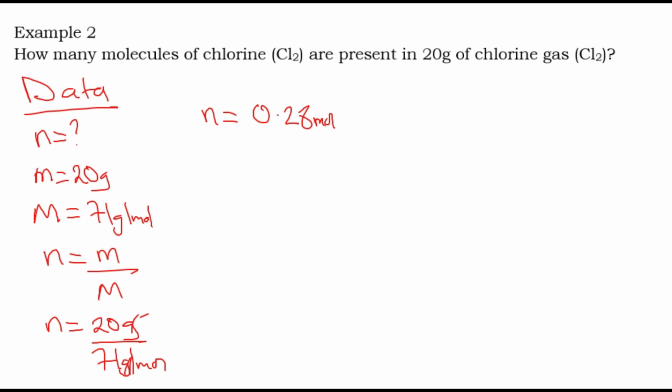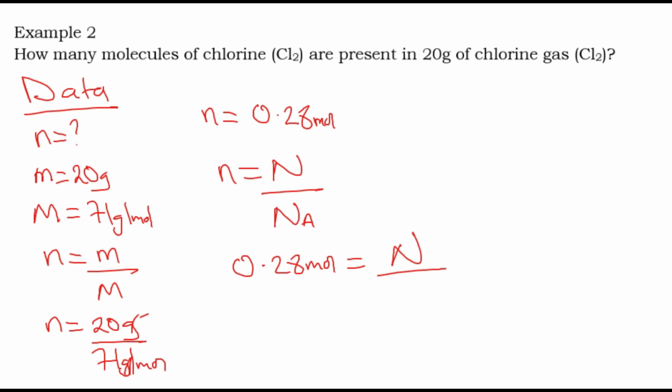So now that we found the number of moles, what do we do? We use the formula number of moles is equal to number of particles over the Avogadro's number. We have 0.28 as our number of moles is equal to number of particles over the Avogadro's number, 6.02 by 10 to the power 23 molecules per mole.